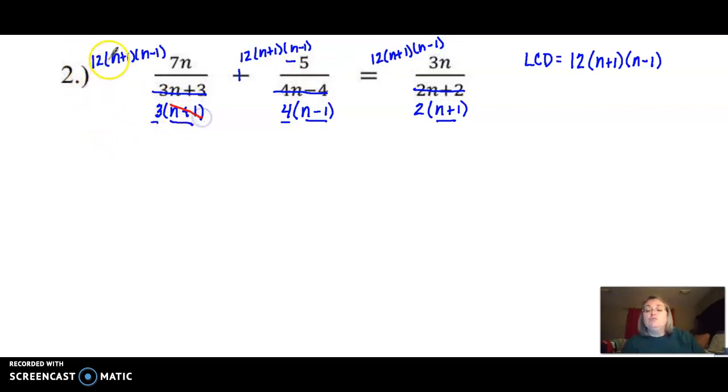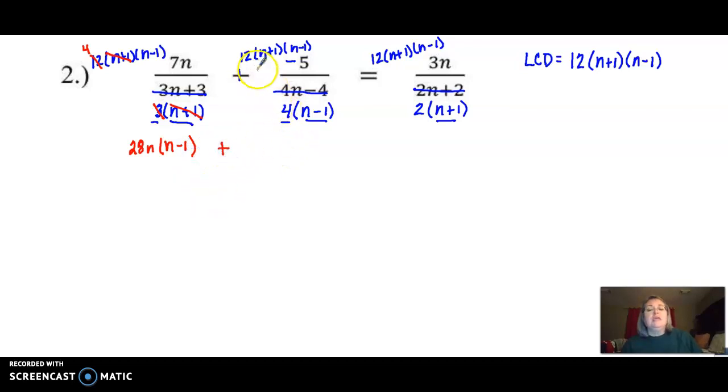Notice my n plus 1 and my n plus 1 cancel. My 3 reduces with my 12 to give me 4. So on the top, I really have a 4 times 7n times my n plus 1, n minus 1. I don't want to write all of that, so I'm going to go ahead and multiply my 4 and my 7 and get 28n. And then I'll have n minus 1.